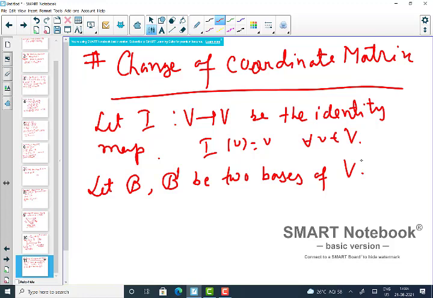That means you want to write every basis vector, every element of B dash, in terms of elements of B. So you're changing from B dash to B, and then there will be a matrix, and let me write this matrix Q as I, changing from B dash to B. This is the symbol I'm giving. You can choose the other one also, B to B dash, no problem. But let me write this is Q.